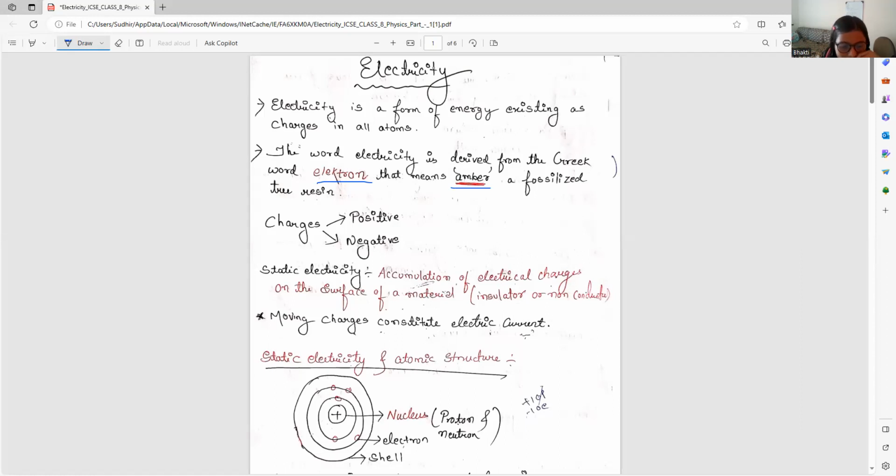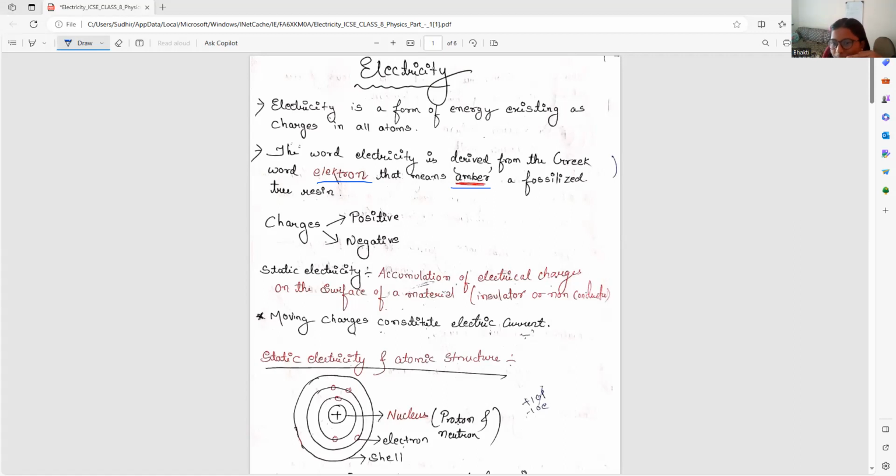I'll just show you the picture of amber. So look at the amber. This is fossil tree resin that has been appreciated for its color and natural beauty since Neolithic times, valued from antiquity to present.